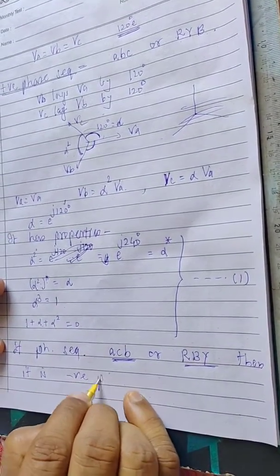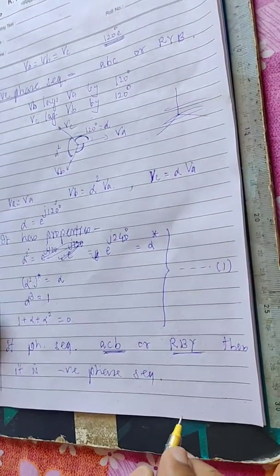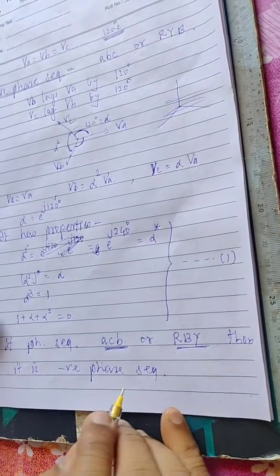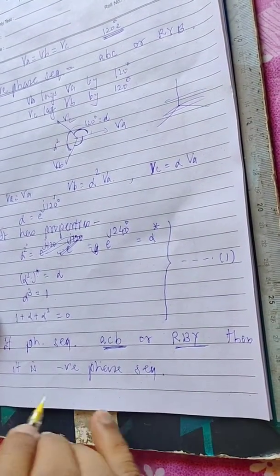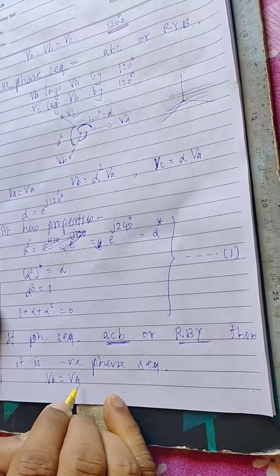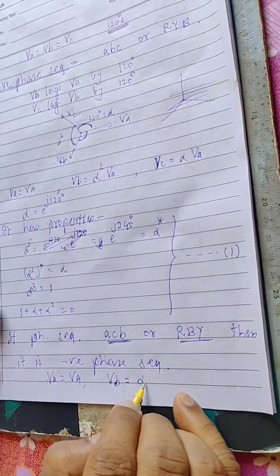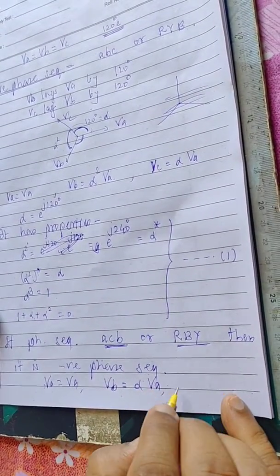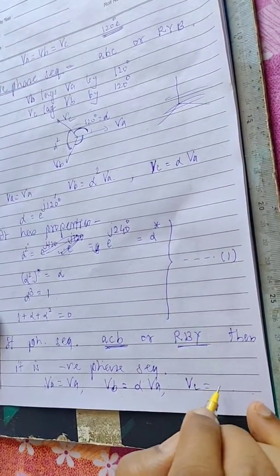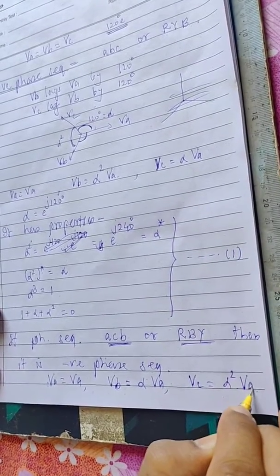In terms of alpha, we can write VA as the reference phasor, VB is equal to alpha VA, and VC is equal to alpha square VA.